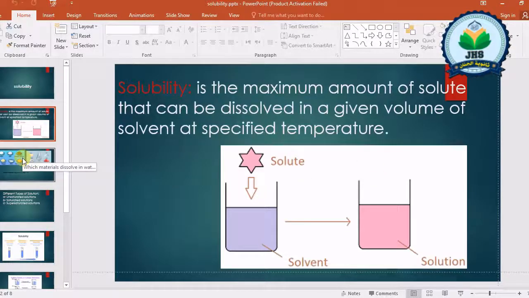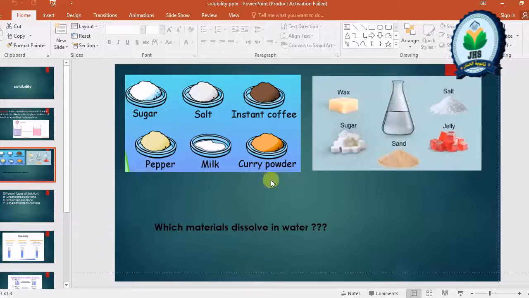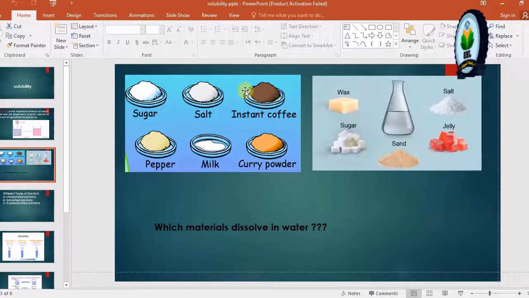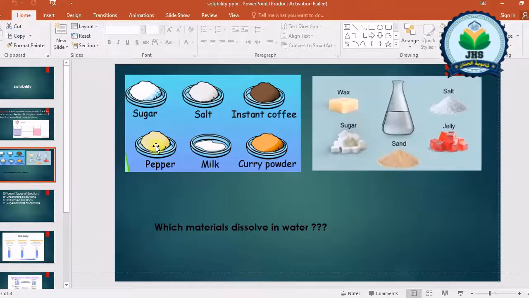Let's move to the second slide. Here we have two pictures, two examples, of which materials dissolve in water. In the first picture, we have wax, sugar, sand, jelly, and salt. In the second picture, we have sugar, salt, coffee, curry powder, milk, and pepper.